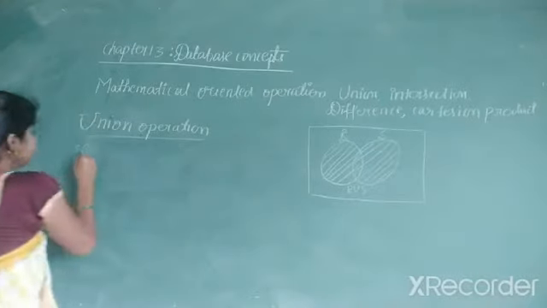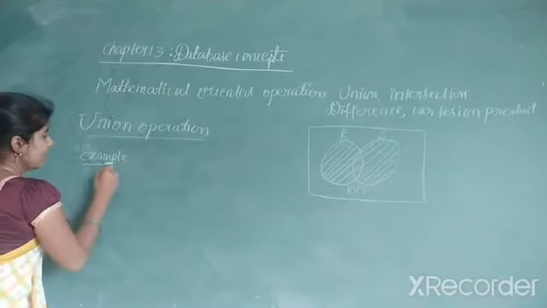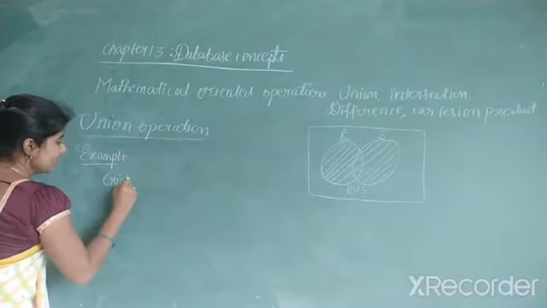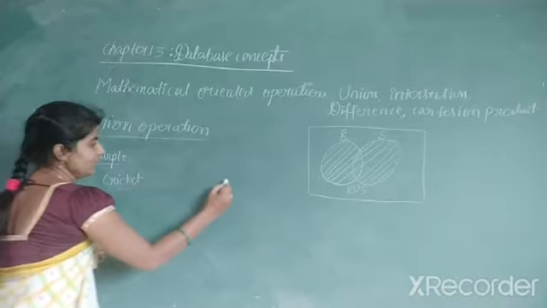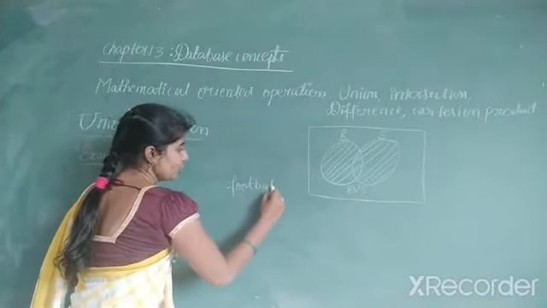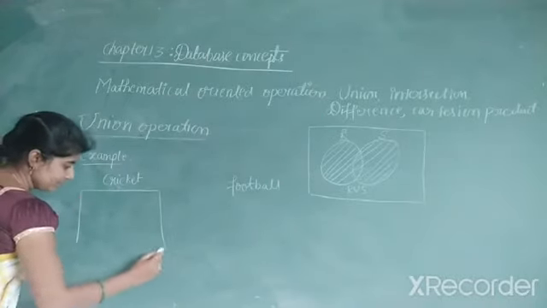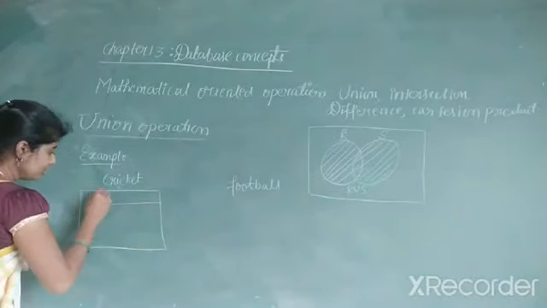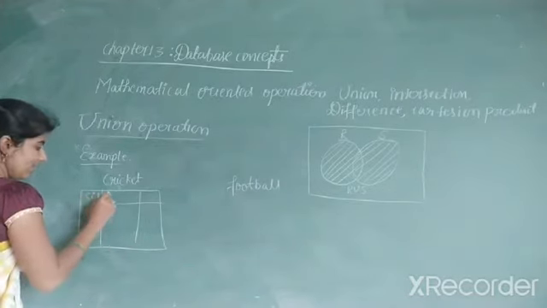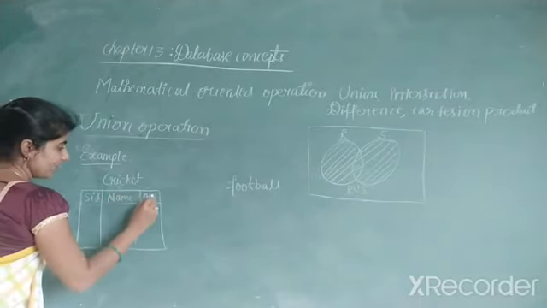So when you consider the example for union operation, let us take two relations. One is cricket and the other table I am going to consider is football. In this cricket table, I have three attributes: one is the student ID, the second is the name of the student, and the third is the age of the student.